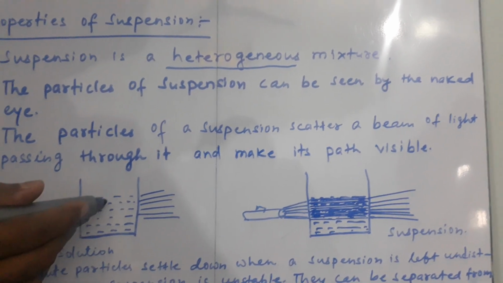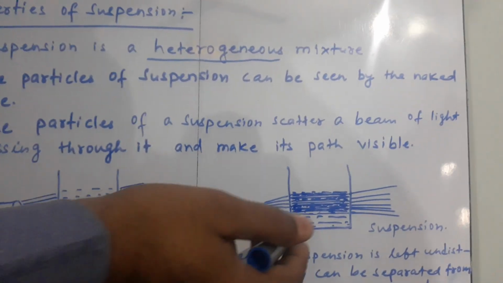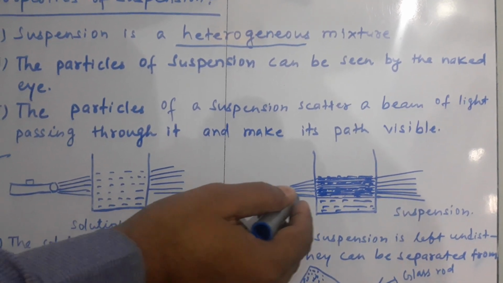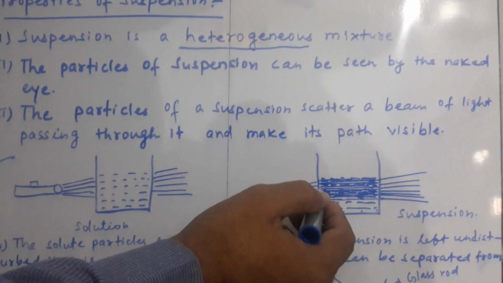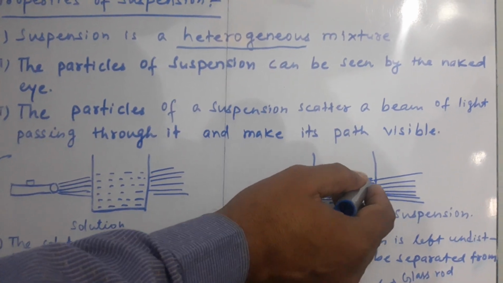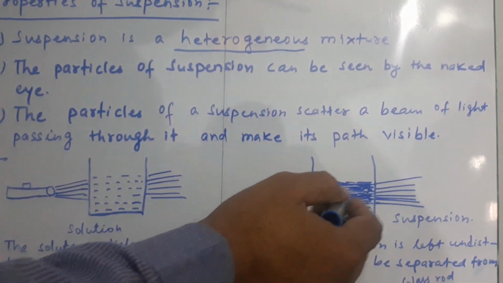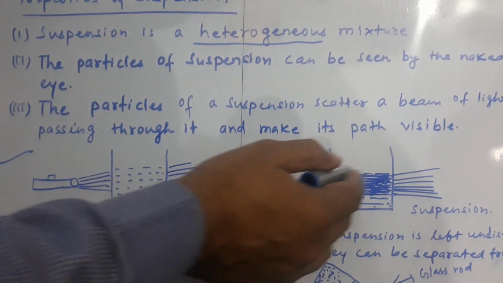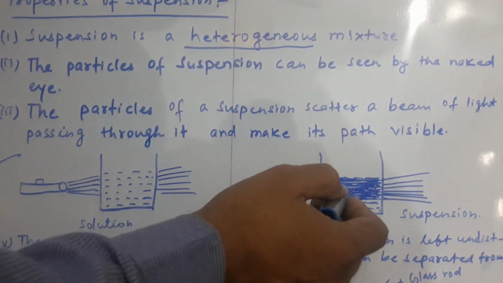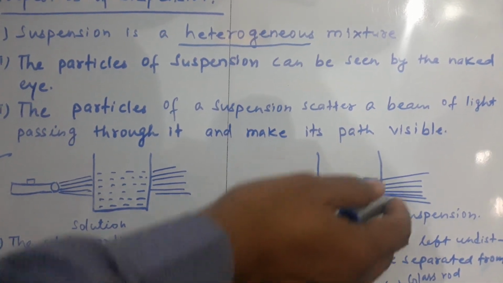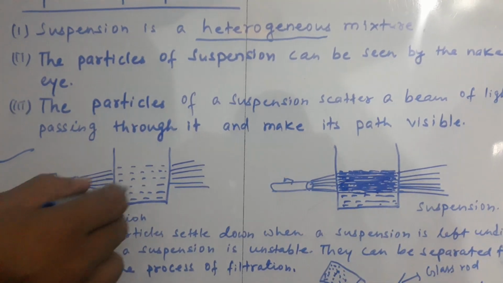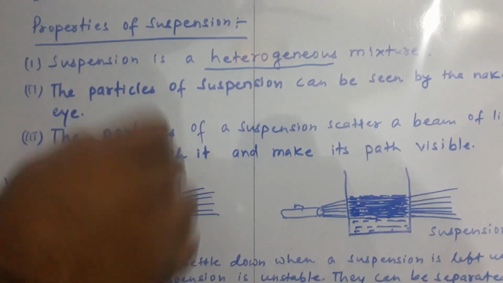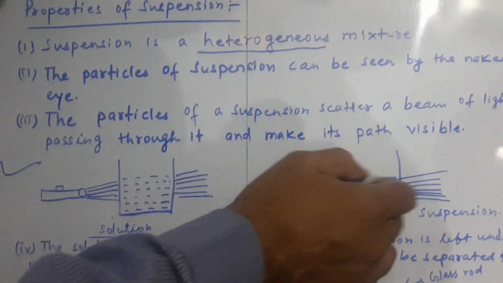But in the case of suspension, when the torch is shone here, the light crosses this, and this way we can see the path of light. See this dark patch; this patch shows that the path of light is visible. In the solution, the path is not visible, but here the path is visible.